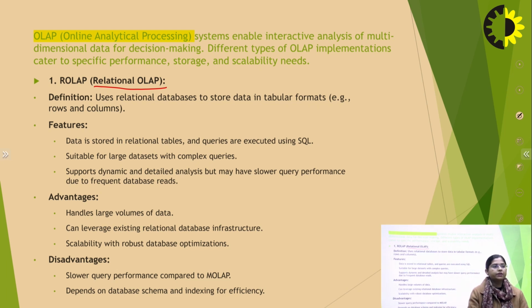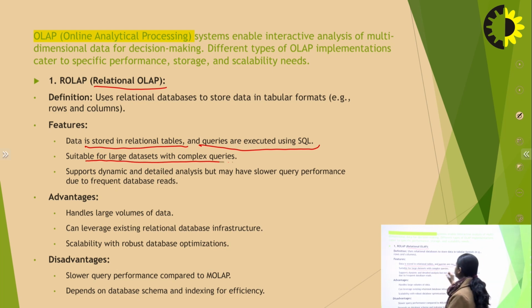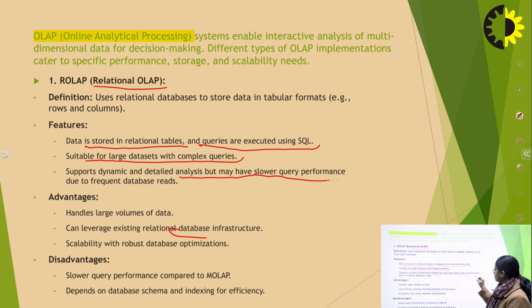It uses a relational database to store data in tabular format, for example rows and columns. Features: data is stored in relational tables and queries are executed using SQL. It is suitable for large data sets with complex queries. It supports dynamic and detailed analysis, but may have slower query performance due to frequent database reads.